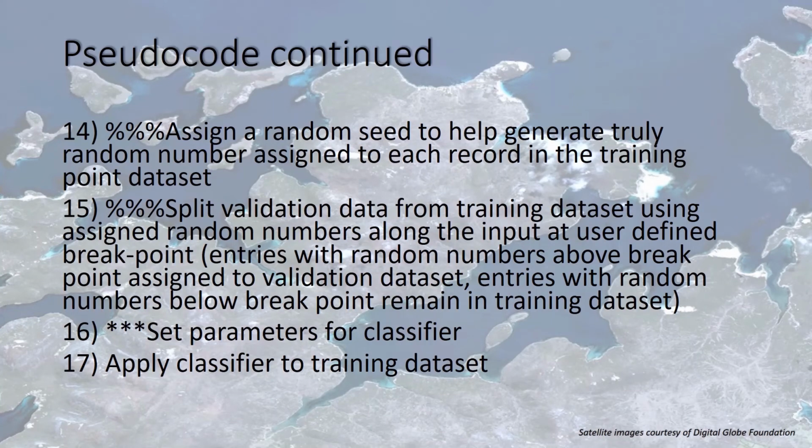It's going to go through each pixel in the map, look at its record from the training data set, and say, I've got this new pixel, and it's got this value in band 1, this value in band 2, and this value in band 3. Which one of these classes I have a record of is this pixel most like? And that's how it decides what to call that pixel. And it just goes through the entire map and does that work.